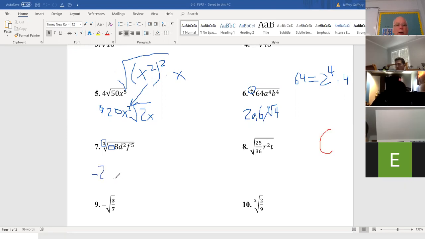I've got d squared, which I can't do anything with because we're doing cube roots, right? Now f to the 5th is the same as f cubed times f squared, right? So I can leave an f squared under the radical, and the f cubed comes out as f. So your final answer is -2f, and then under the radical is d squared f squared.